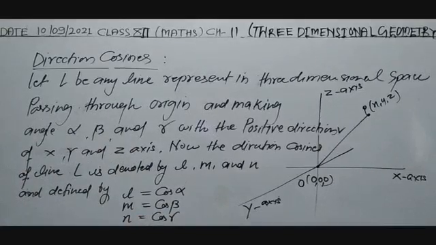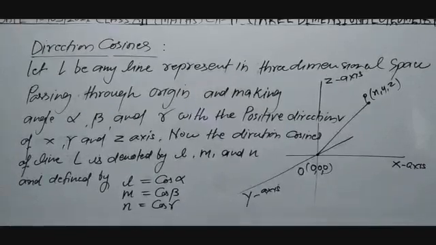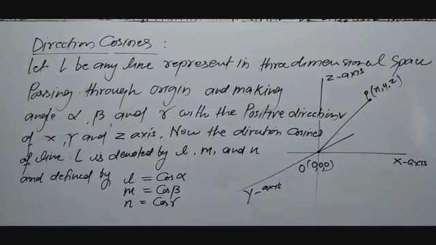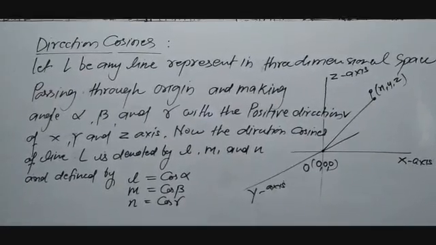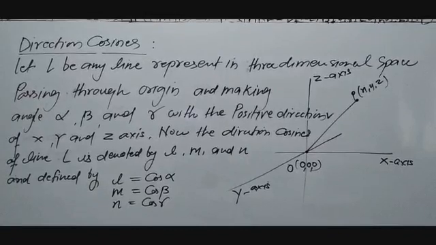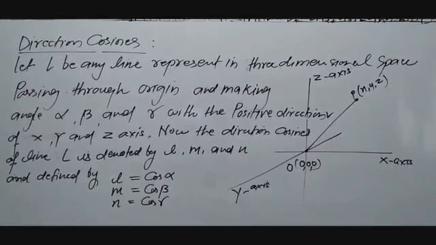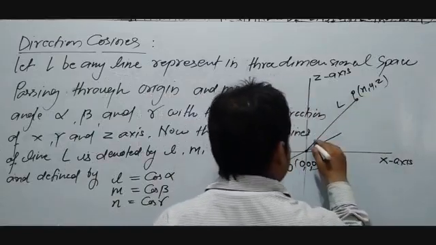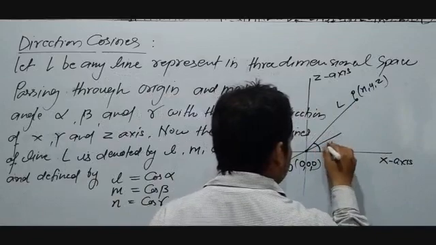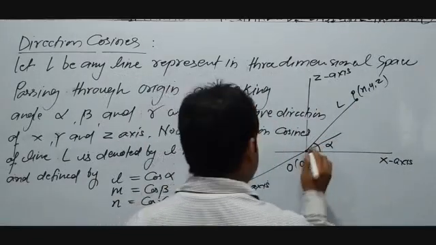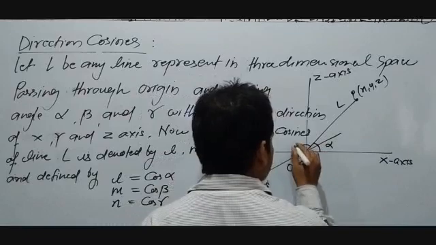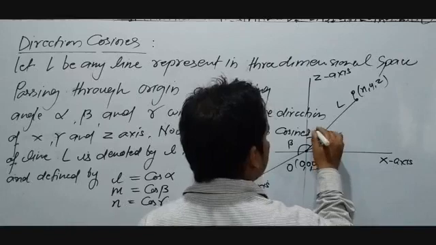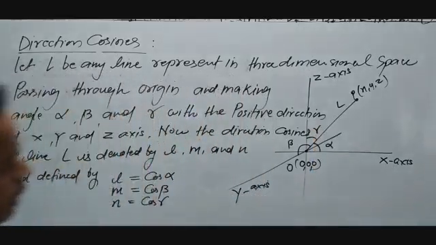Now again see, this is the line L that makes an angle alpha with positive x-axis, beta with positive y-axis and gamma with positive z-axis.